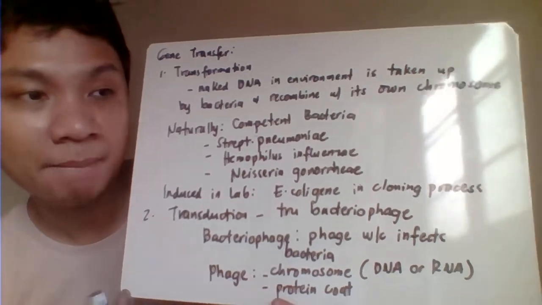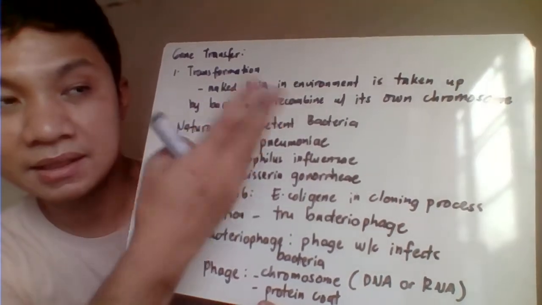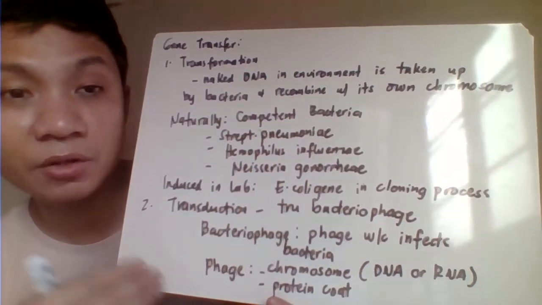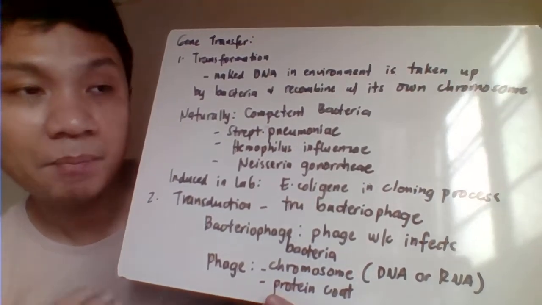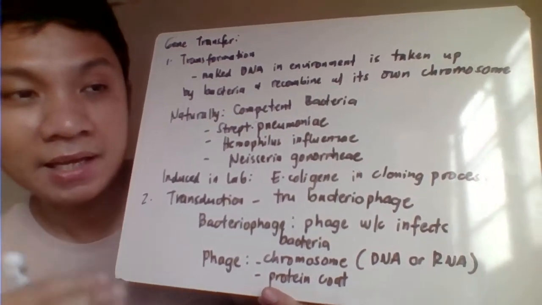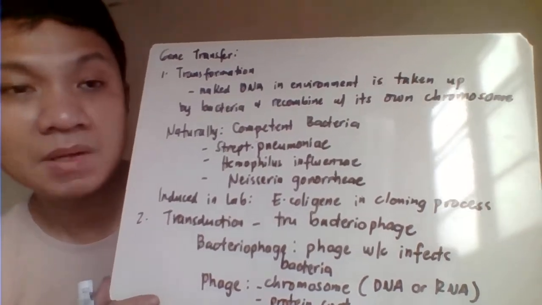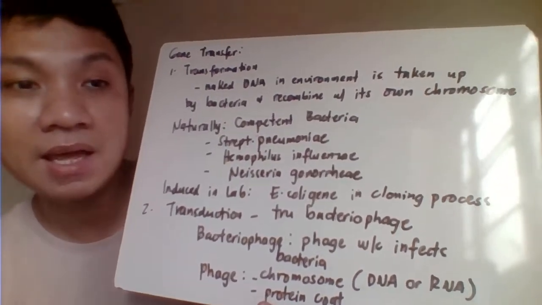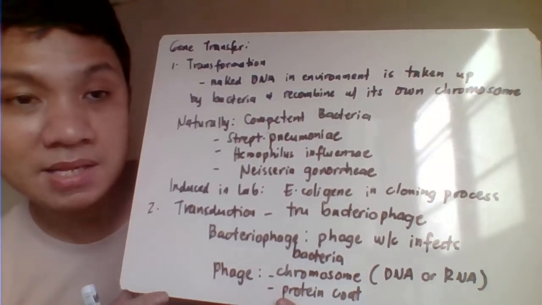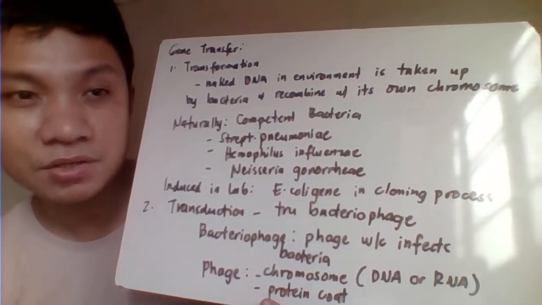It becomes part of its own chromosome. And remember that naked DNA might code for a particular property that is not common or not natural to the bacteria. But since it took up that naked DNA, it might eventually influence the production of a new product.